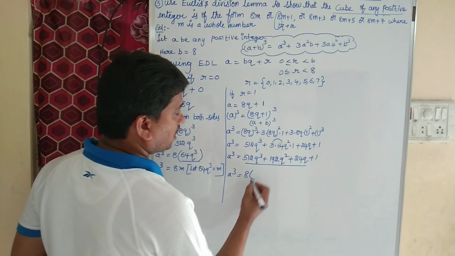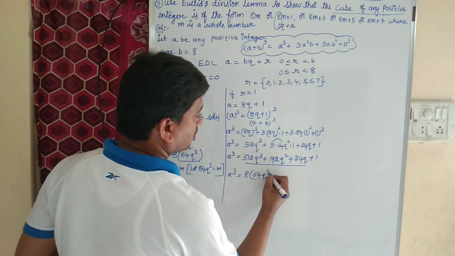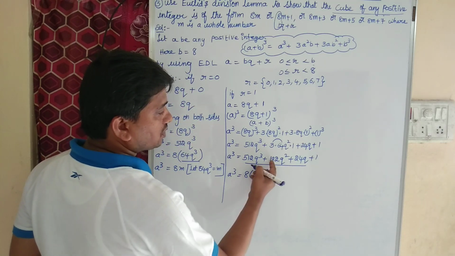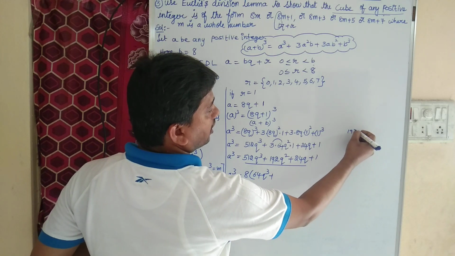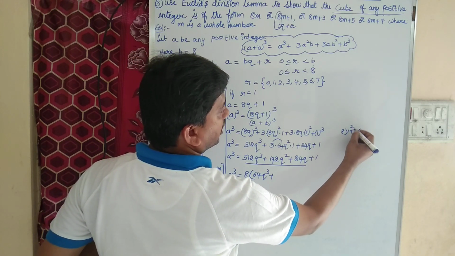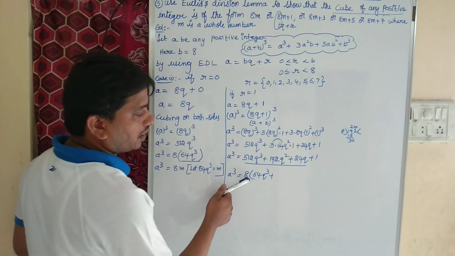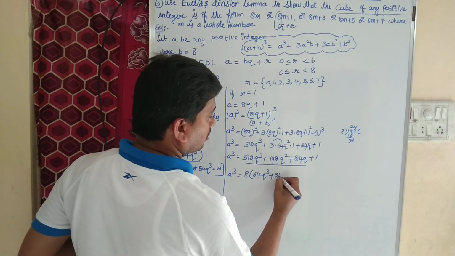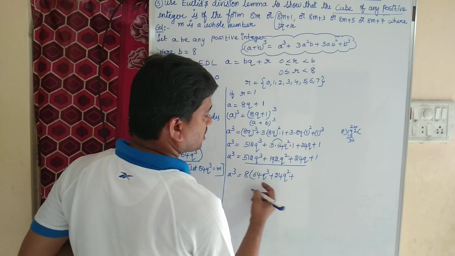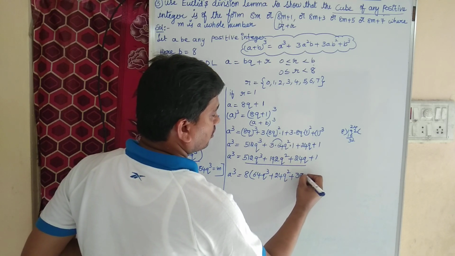8 how much of 512? 8 64 ja. Next, 8 how much of 192? 192 divided by 8. 8 2 is 16, 8 4 is 32, I mean 8 24 is 192, plus 8 3 is 24 plus 1.